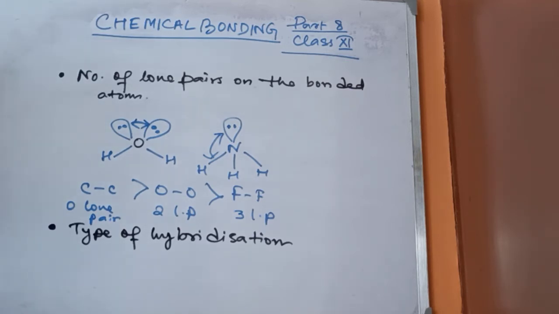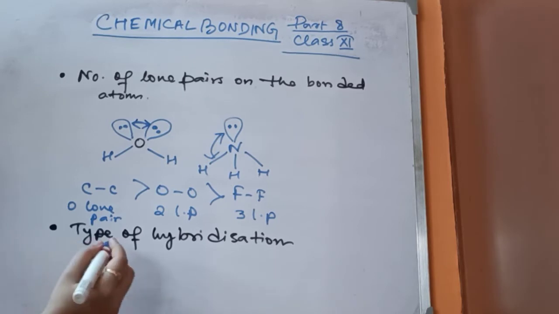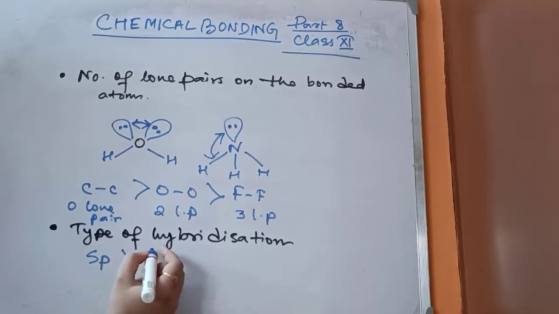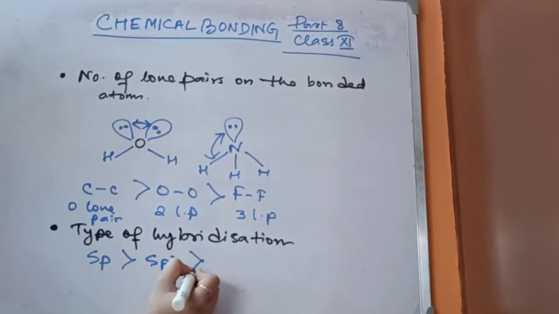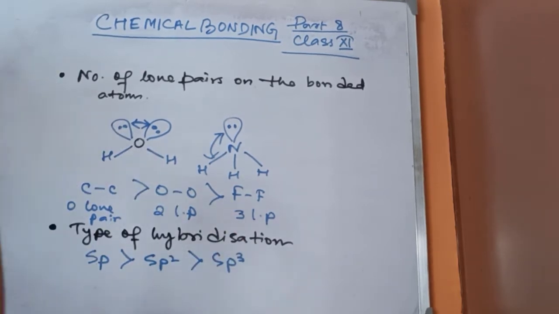Basically, it depends on the s character. Means the bond dissociation enthalpy increases with the increase in s character of the hybrid orbitals, but decreases with the increasing p character of the hybrid orbitals. We all know that the s character of the sp hybrid orbital is the highest, followed by sp2, followed by sp3.